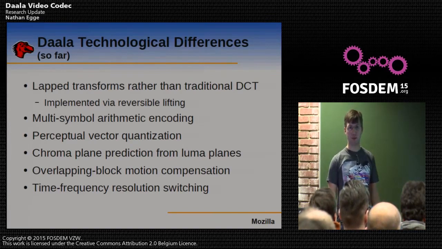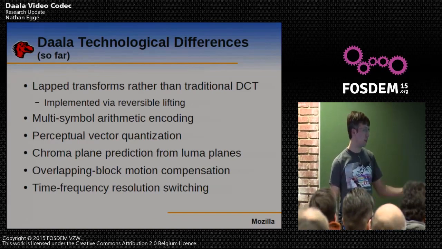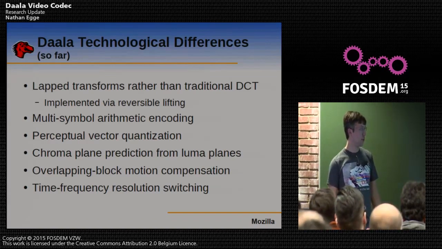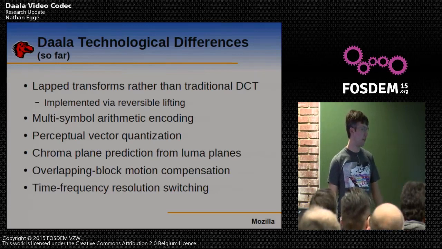In doing so, that removes our exposure to a number of patents that begin by saying, take the difference of two frames and then do this additional processing. Finally, we do chroma from luma prediction, which is different from other codecs. And Tim Terriberry will be talking about overlapped block motion compensation next month at a conference. And we do this clever time-frequency resolution switching.